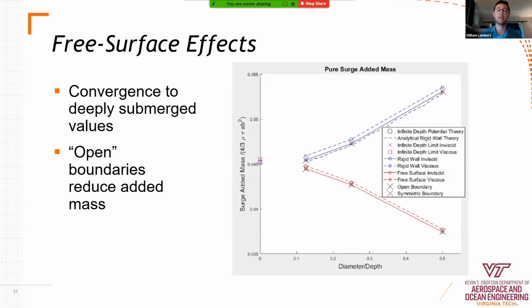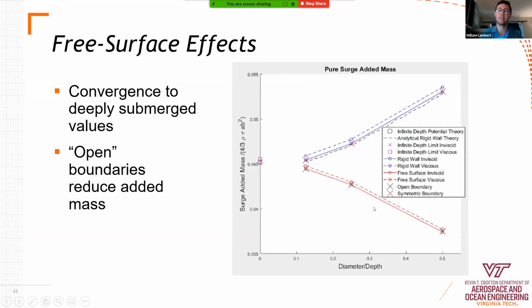Looking at the actual added masses for this body operating in pure surge, as the diameter to depth ratio comes to zero, we see a convergence onto the deeply submerged added mass values.